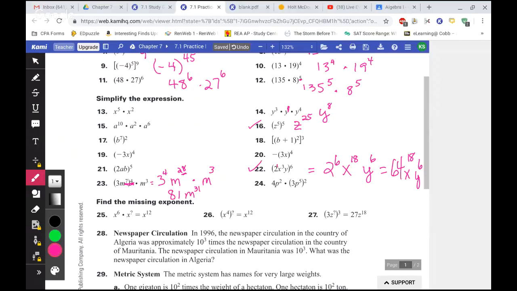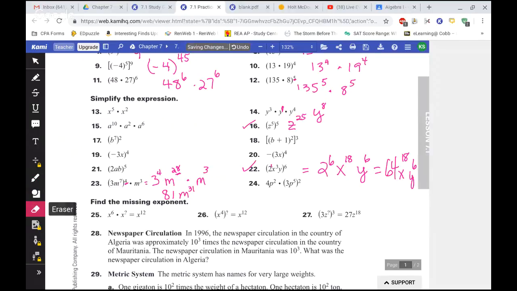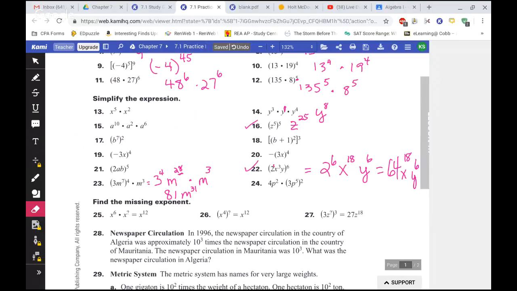So you have to do it to everything inside the parentheses. You have to apply the 4 to the 3 and the 4 to the m to the 7th. So the first step is going to be 3 to the 4th, m to the 28. And then I'm just going to bring this one over, that m to the 3rd.